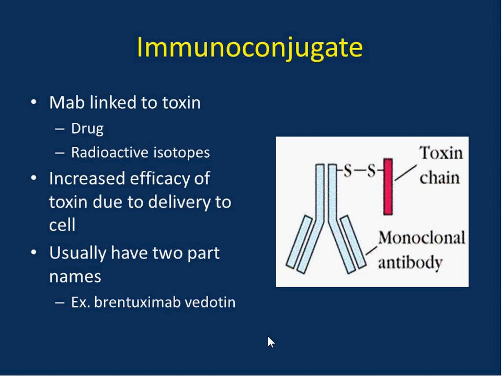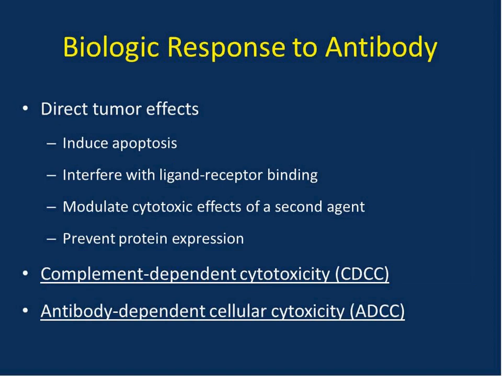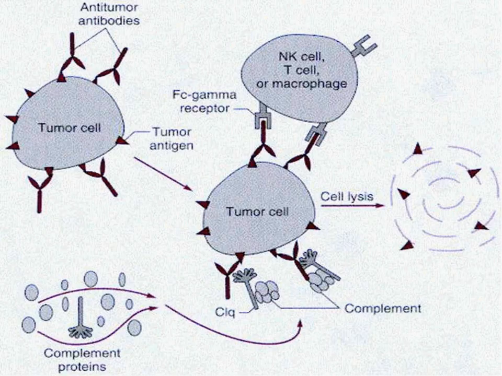Here is a picture, and on the far left you have the tumor cell that expresses the target antigen, and you have the monoclonal antibody binding to that particular antigen on the cell surface. With antibody-dependent cellular toxicity, you have binding to the Fc portion of the monoclonal antibody that then draws in other types of cells like NK cells or macrophages.